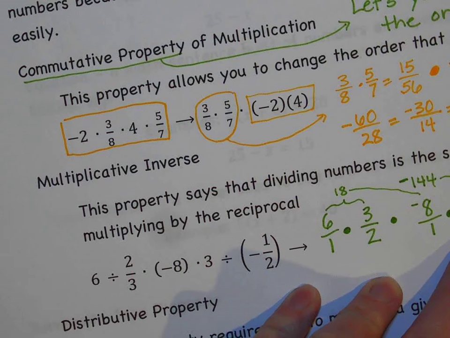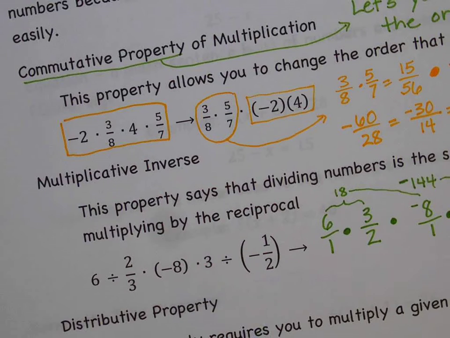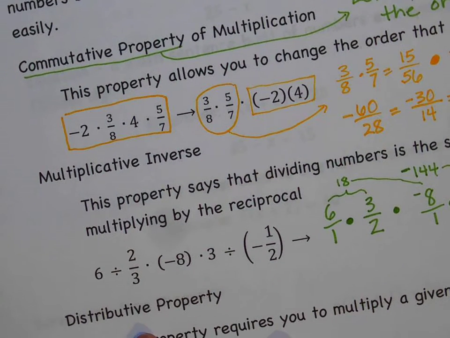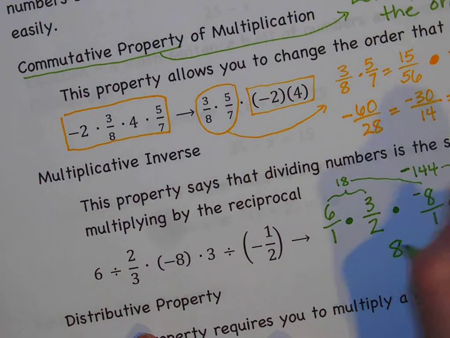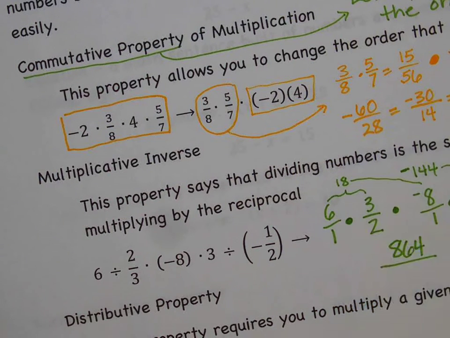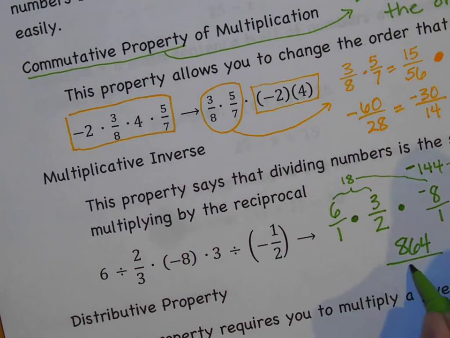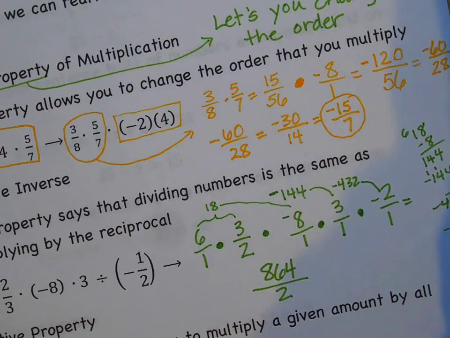So I have a negative times a negative gives me a positive, and I end up with negative 432 times negative 2. I get 4, 6, and 8, and we know that the negative times a negative is a positive. So this all equals 864 divided by 1 times 2 is 2, and that's what I get.